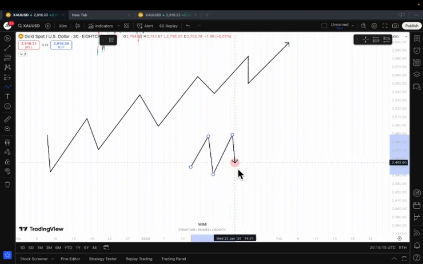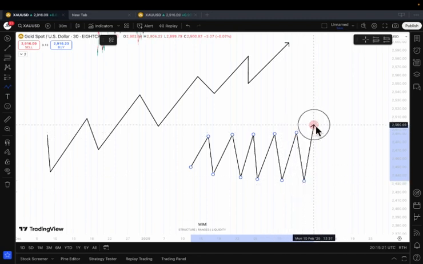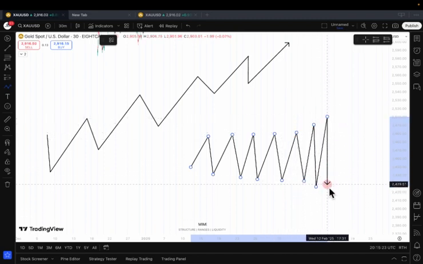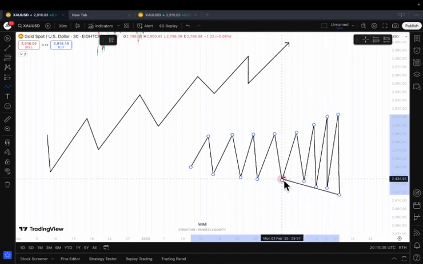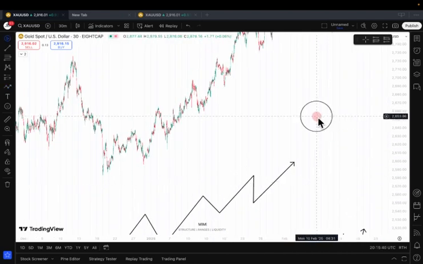So now a pair that is ranging, you cannot use a continuation model for a pair that just does things like this. It will not work, because what it does is take out the point of interest completely. It does not work.